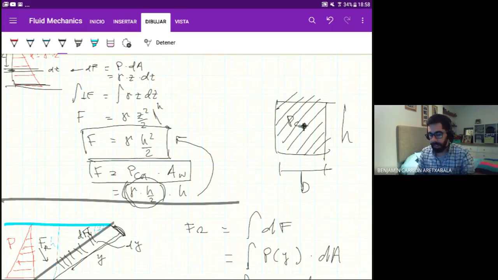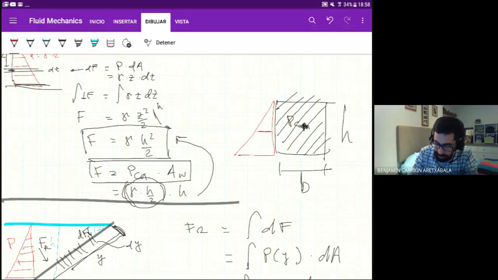You can think of the pressure here, let me draw, if we draw the pressure distribution, it is like that. So the pressure here at the half point is the average pressure over the wall.